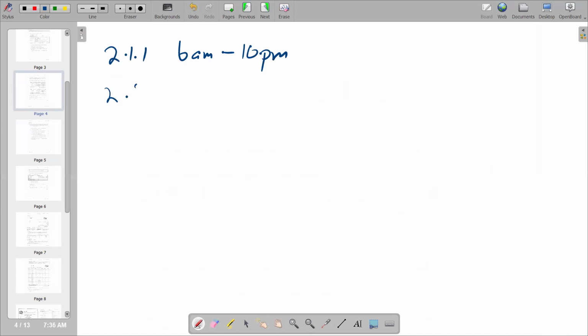So we are saying 2.1.2, whereby 6 a.m. becomes 0600, and then our 10 p.m. obviously we are supposed to add 12 hours because it's after 12. So we are saying 4 plus 10, and obviously you will get your 22. So here we are saying 0600 to 2200 hours.